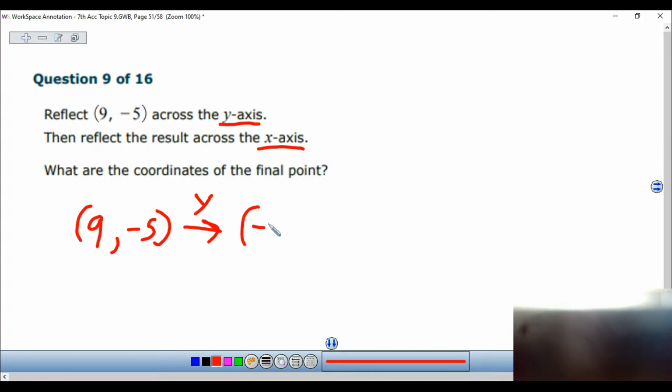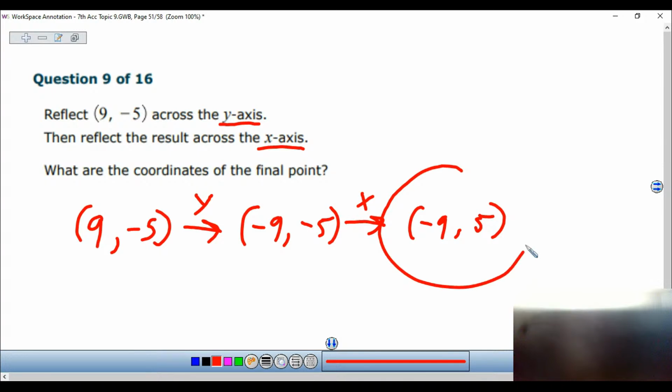So that means we're going to have -9 and -5. And then that point gets reflected across the x-axis. When you cross the x-axis, we change the y's sign. So now we have -9 and +5. And this is going to be our final answer here. That okay? All right.